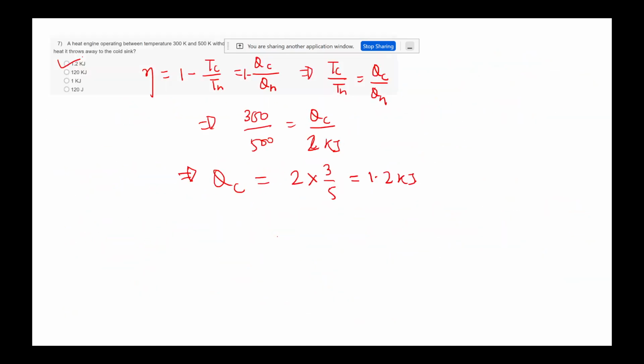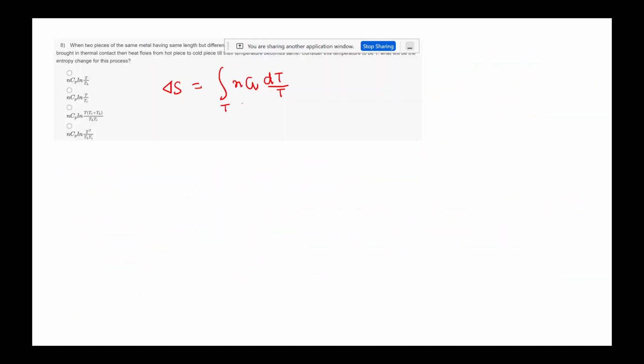Now we will do some good thing. From TI to TF plus VI to VF, R dV by V. Now if you get it, then n CV ln TF by TI plus nR ln VF by VI.